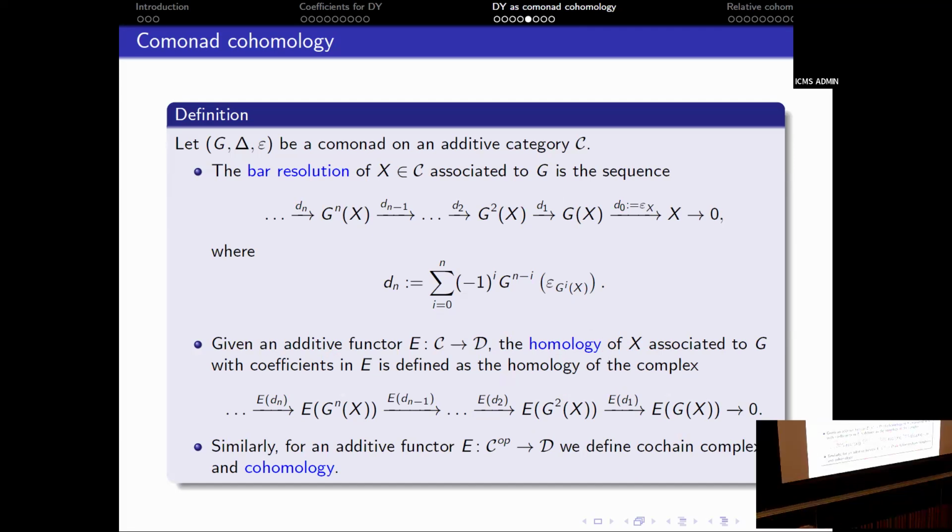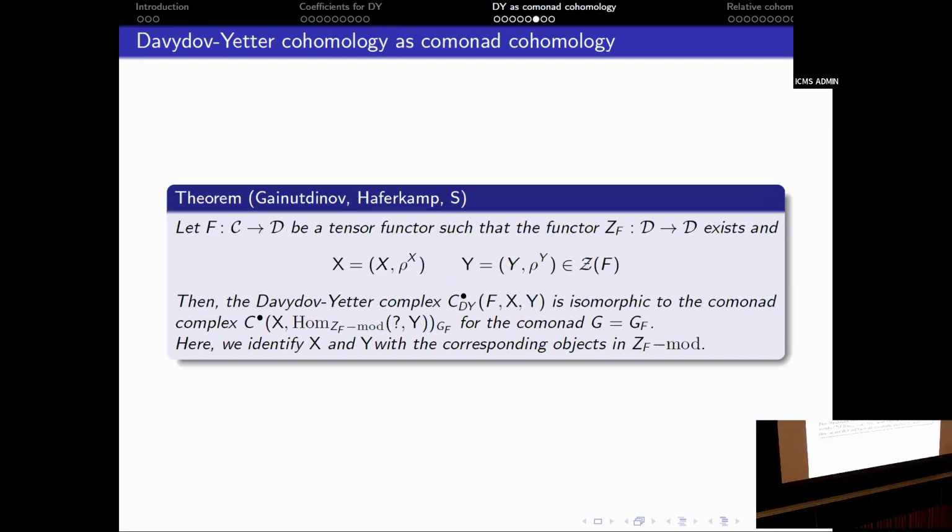Good. Now the observation is the following one. If we are given a tensor functor such that this central monad for F exists, well, this is true under our assumptions, and if we are given coefficients, then the Davydov-Yetter complex is isomorphic, not just quasi-isomorphic, even isomorphic on the nose, to the comonad complex for the comonad given by the adjunction I've just exhibited.